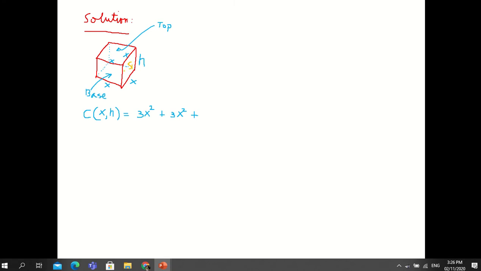We also have this side here, side 2, and we have it here, side 3, and then we have here side 4. So it means that the box has 4 sides.